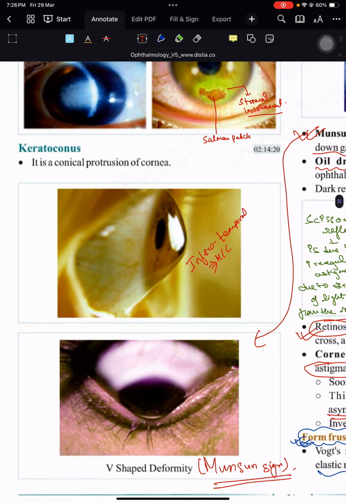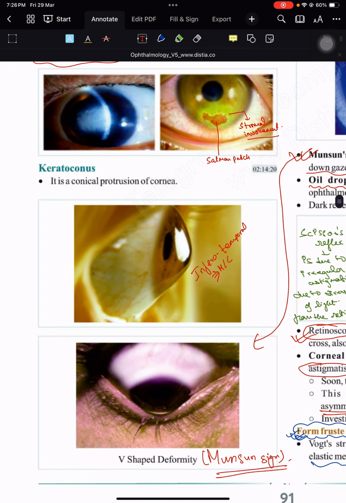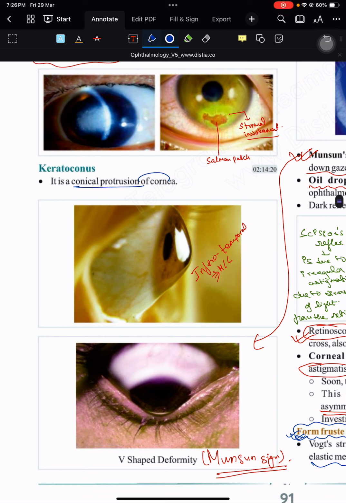This is a conical protrusion of the cornea, and it's basically because of the defect in the collagen. Collagen is basically present in the stroma, right? So any defect in the stroma will lead to keratoconus.